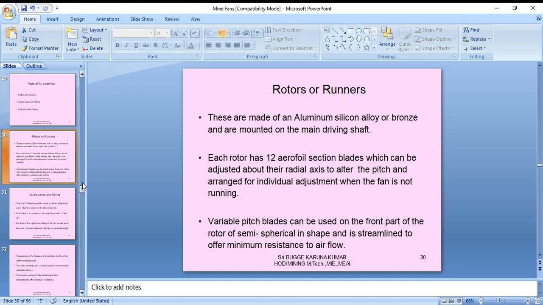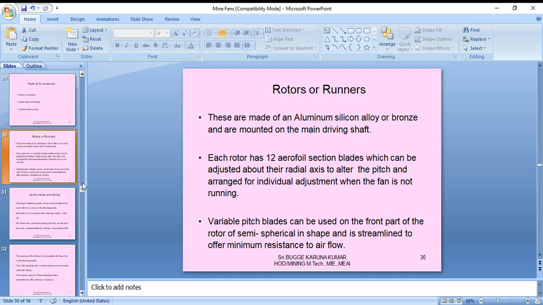So rotors or runners. These are mostly called the rotors. These are made of aluminum, silicon alloy, or bronze and are mounted on the main driving shaft. Each rotor has 12 aerofoil section blades which can be adjusted about the radial axis to alter the pitch and arranged for individual adjustments.